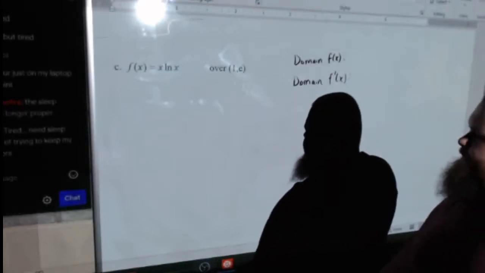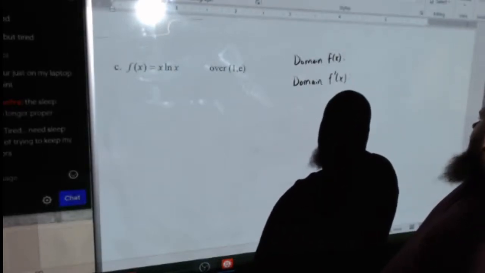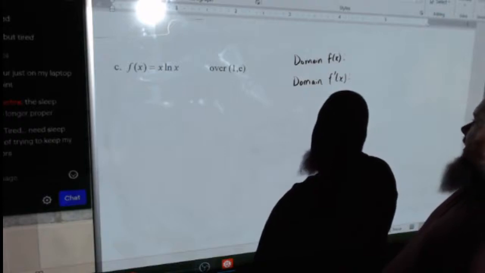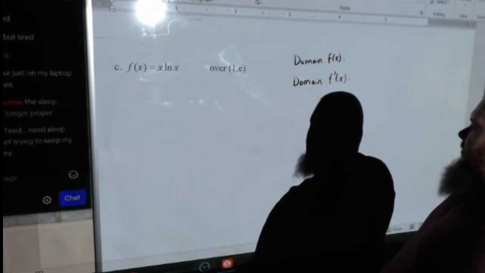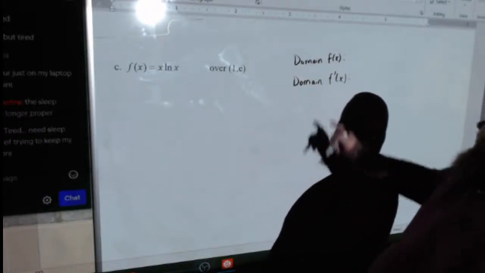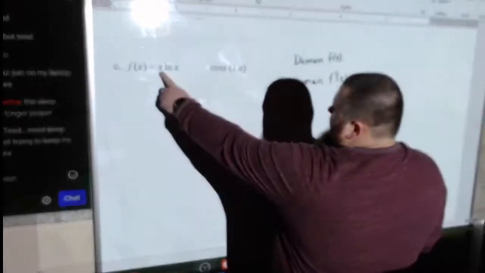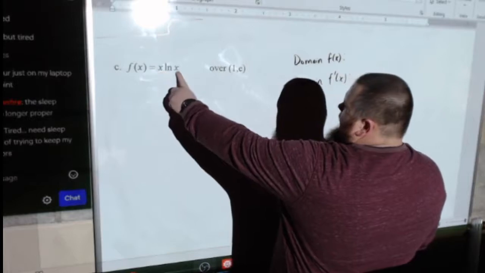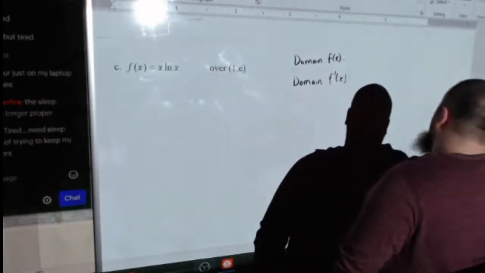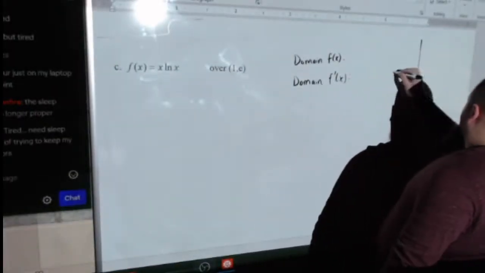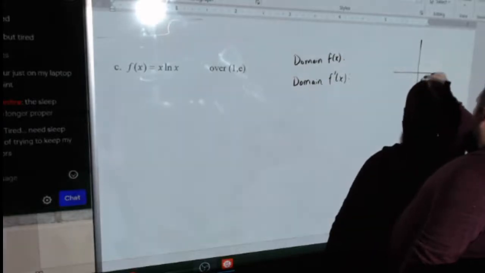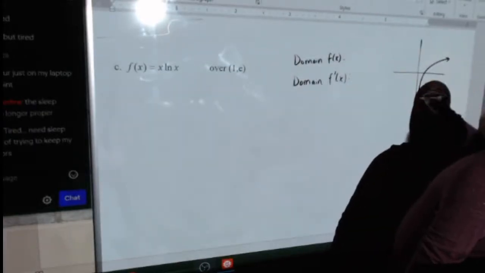All right. So we've got this function here. First question is, what's the domain? For the x portion, I can plug anything I like. The log, I can't. Natural log looks like this.